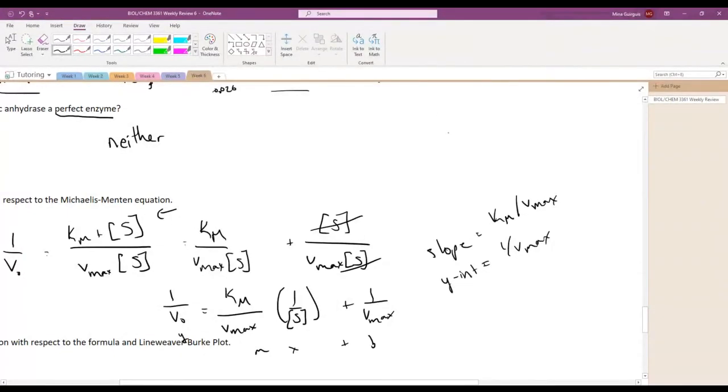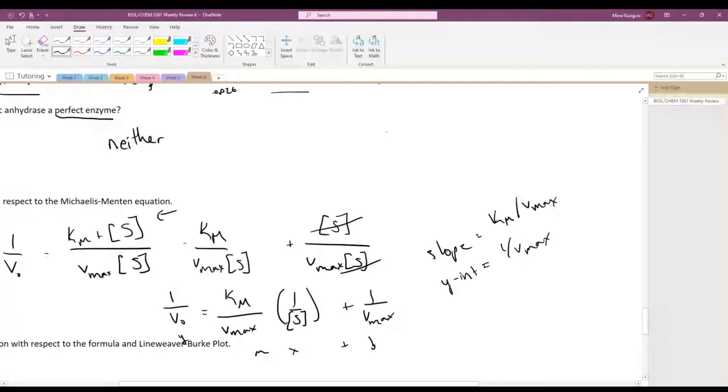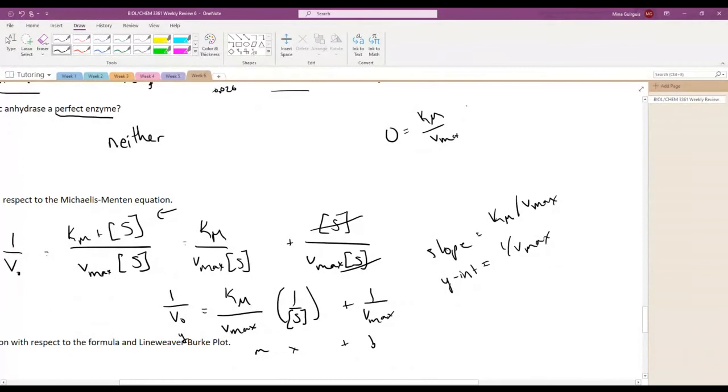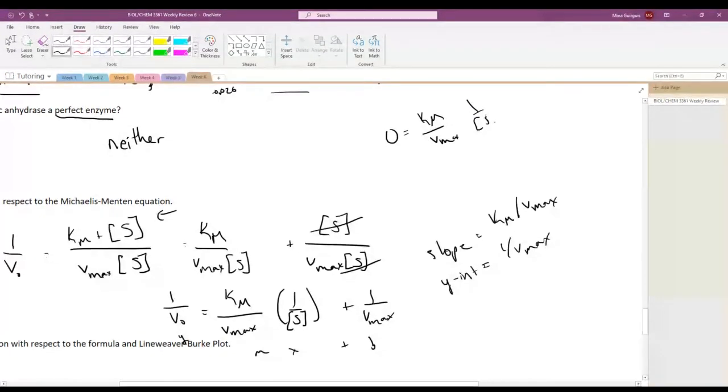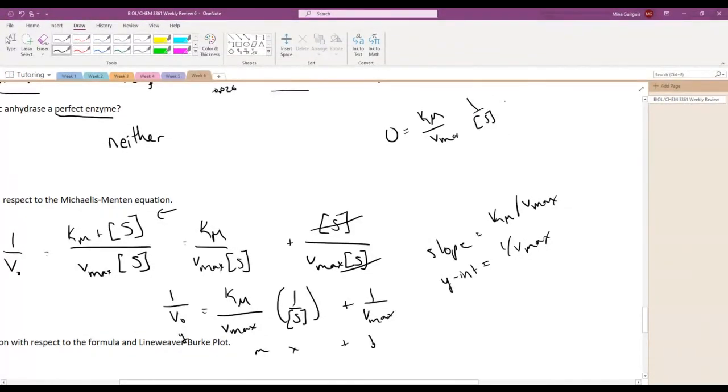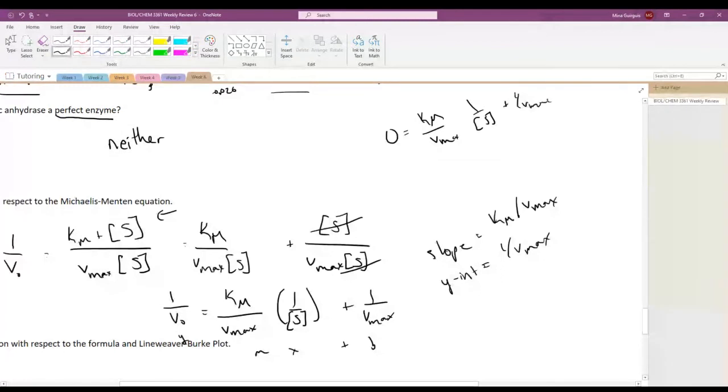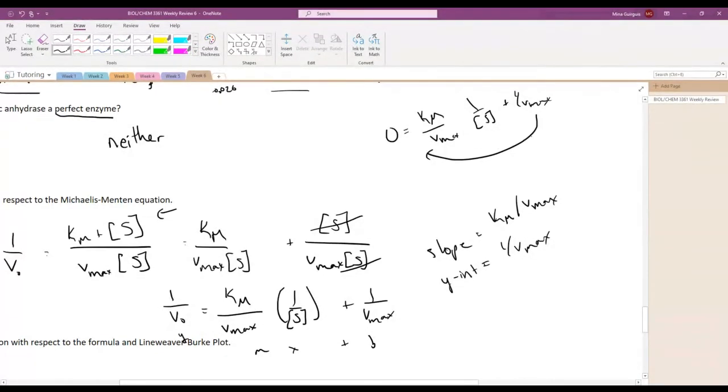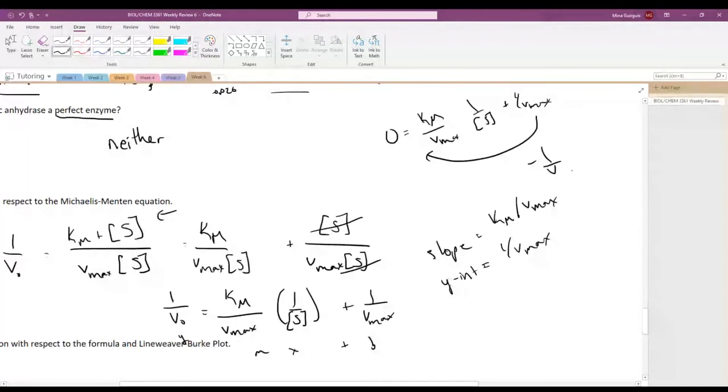And then the x-intercept, and this one I'm going to do some work on above, because I want to make sure that I show you guys where that comes from in the formula. So for the x-intercept, we set y equal to 0, so 0 equals Km over Vmax times 1 over S plus 1 over Vmax. Subtract this to the other side, so negative 1 over Vmax.